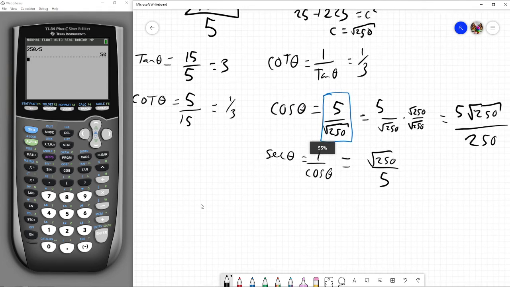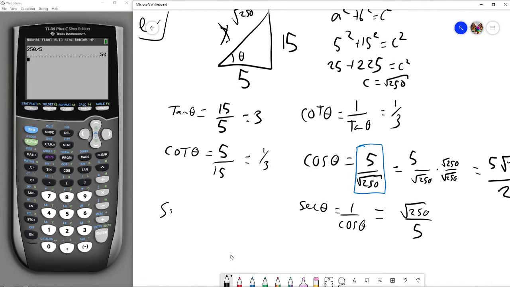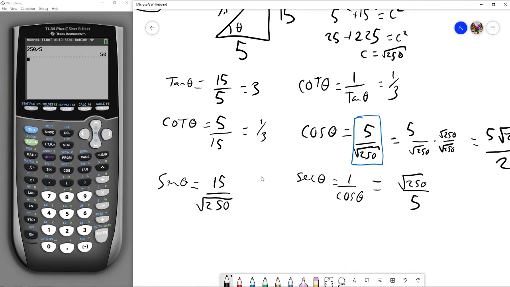Now we've got to figure out what sine is. So let's look up here. We have sine theta is equal to 15 over square root 250. Alright, so then we need to rationalize again.